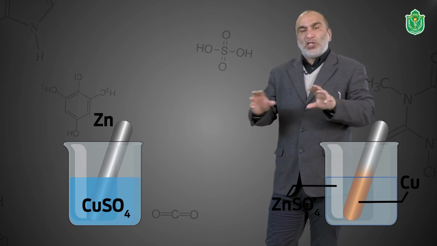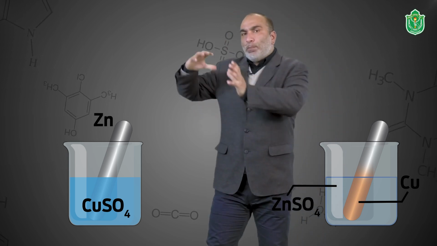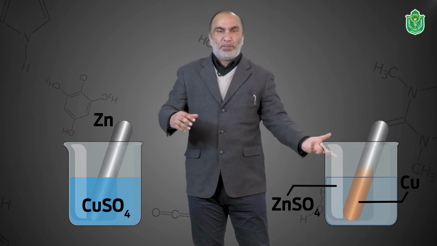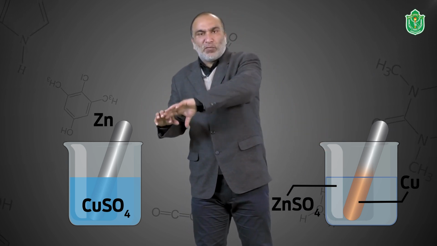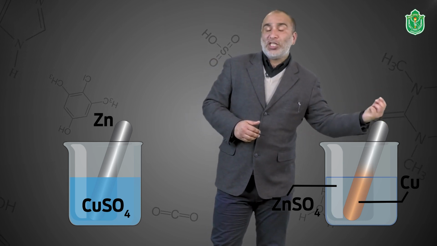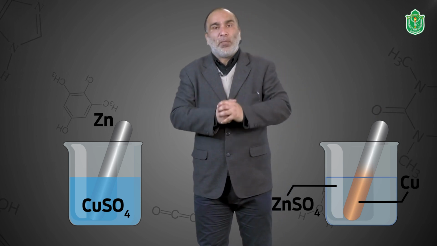Now, in this reaction, what happened actually? How does the blue color of copper sulfate solution fade away? How does it turn from blue color to colorless? And where does this reddish deposition on this zinc rod come from?